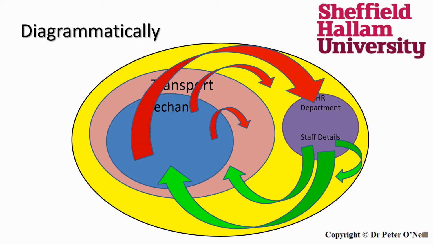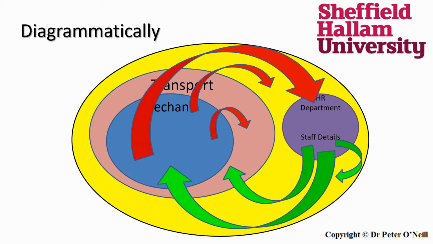Well, imagine, if you would, that each of these circles represents a class or an object. And therefore, we can determine who needs access to what and who doesn't need access.